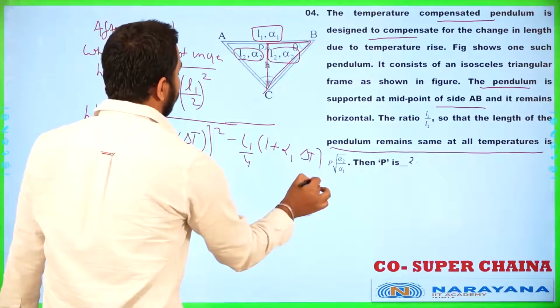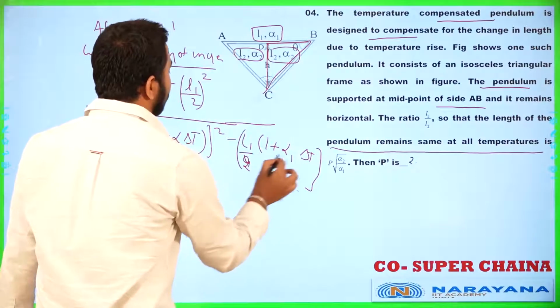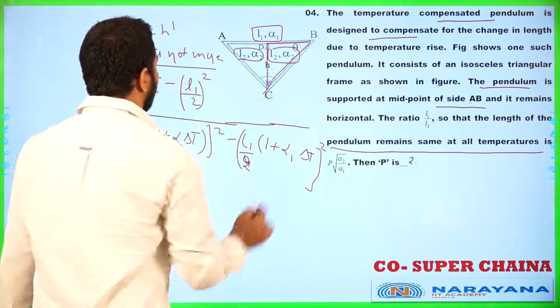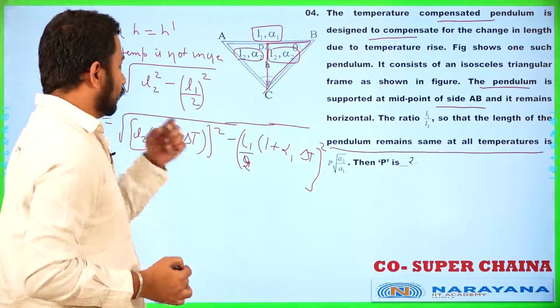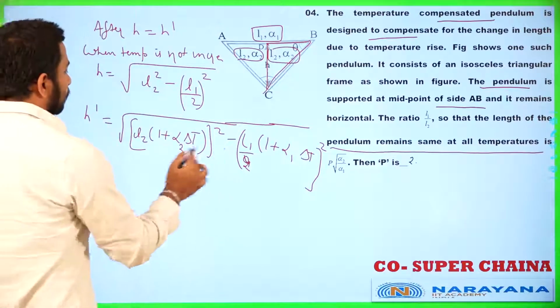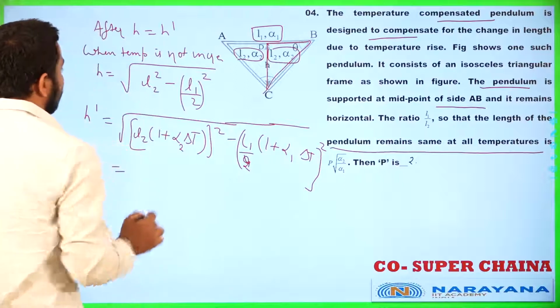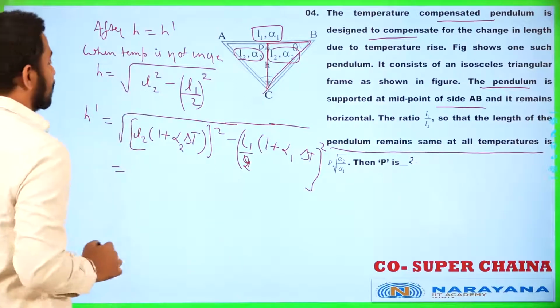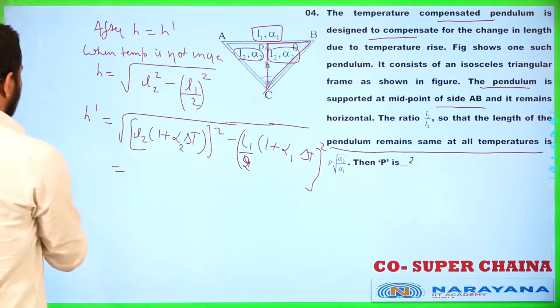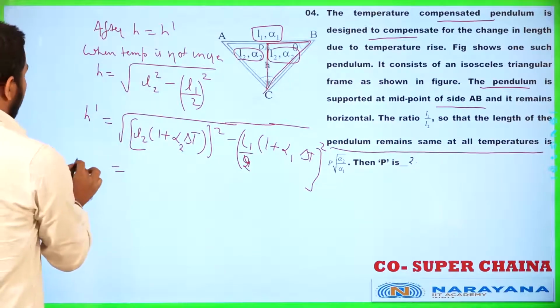So this whole square, or I can write it as L1 by 2 whole square. This is what I will get, student, right? If you simplify this, in the question it is given that h dash and h are the same. So if I equate it here, I will get L2 square minus L1 square.